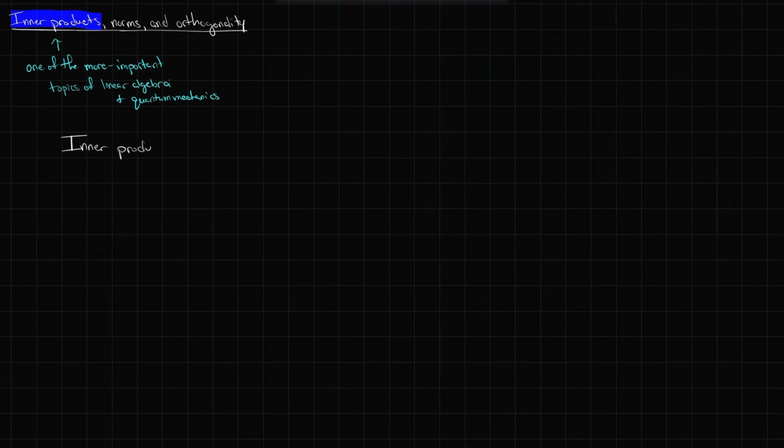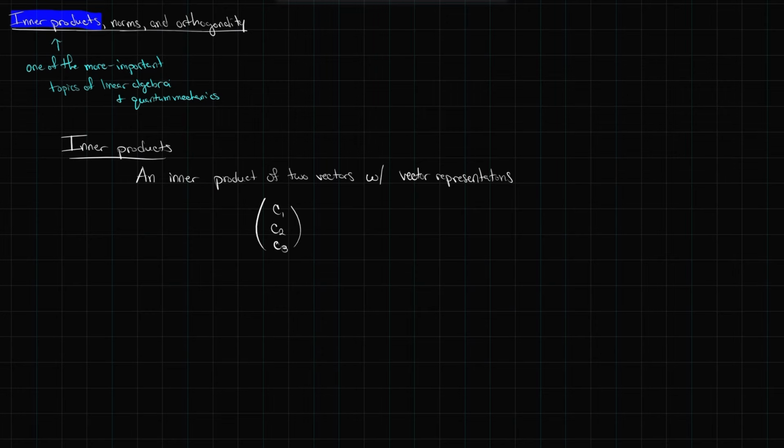So inner products. An inner product of two vectors with basis representations or vector representations, let's say C1, C2, C3. You use the dot symbol between them.